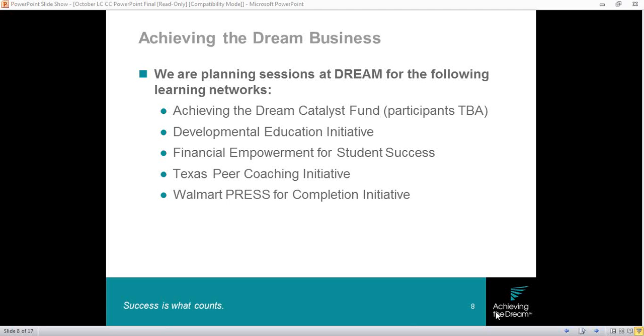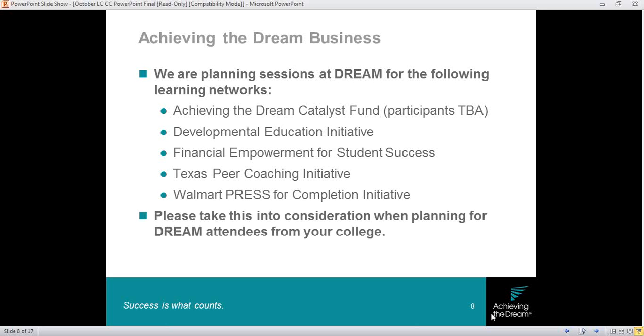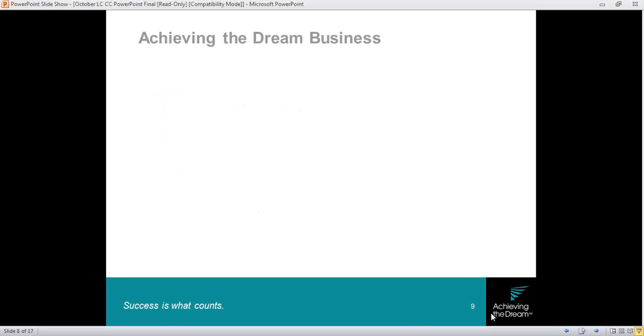And we're also going to be finding space for the 15 colleges that are part of the Walmart Pressing for Completion. That means some of you are going to be going to several different special meetings. So we know we've got a scheduling challenge, but we think it's important that you have the opportunity to get together in clusters so that you can better compare notes about how things are working in these separate initiatives that you're participating in.